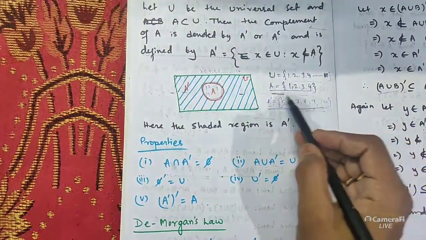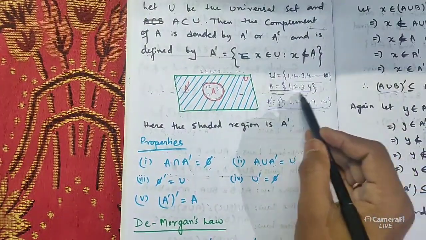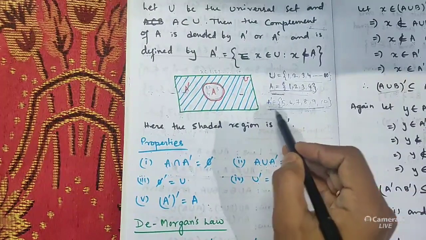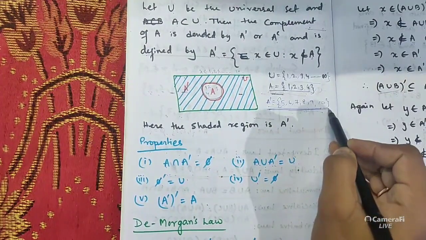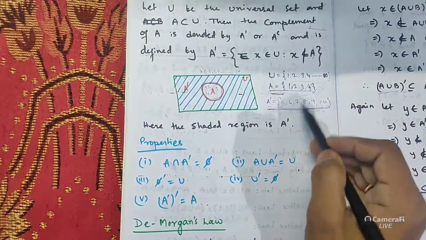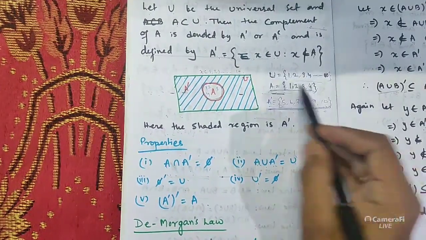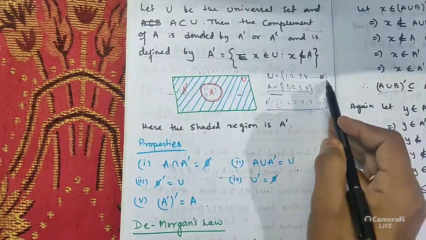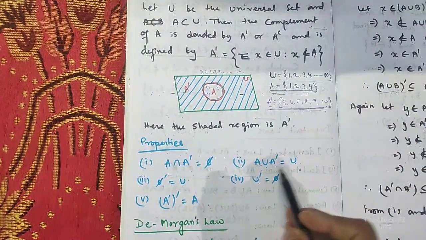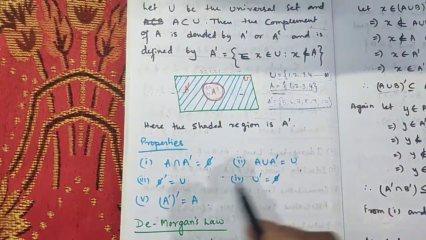It is also very obvious. A equals 1, 2, 3, 4 and A complement equals 5, 6, 7, 8, 9, 10. So if you take the union of these two sets, it will be 1, 2, 3, 4, 5, 6, 7, 8, 9, 10, which is equal to the universal set. So A union A complement equals U.